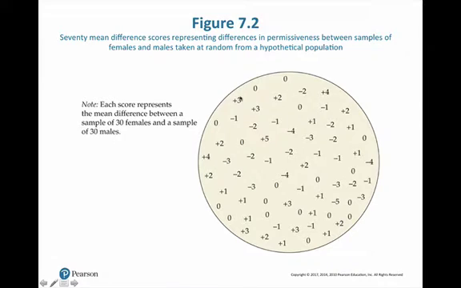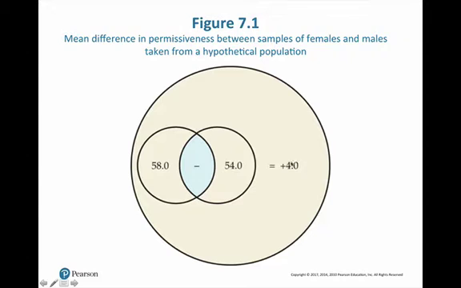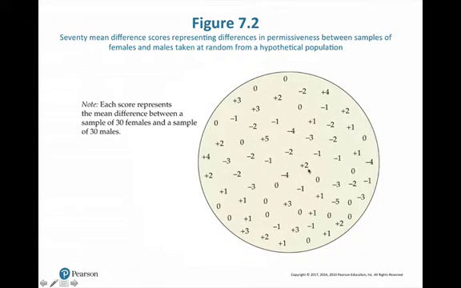But if I take that up to the sampling distribution, here I have a distribution of 70 mean difference scores. So here, for example, is the observed score from the previous slide. Remember, the observed mean difference that I had in that sample was 4.